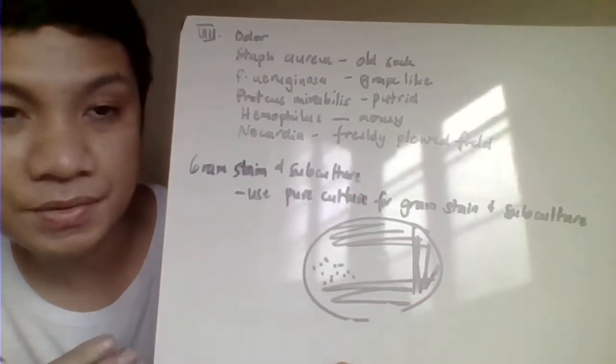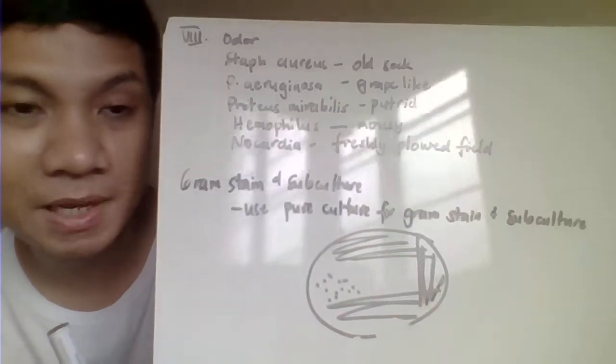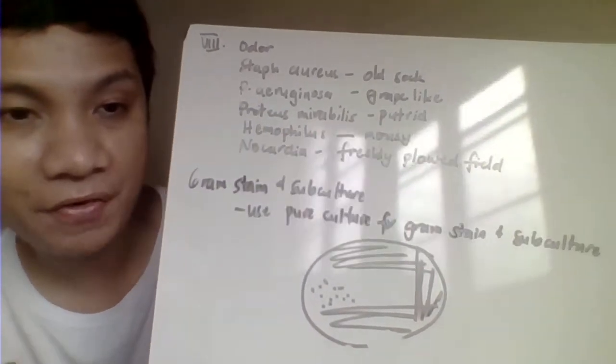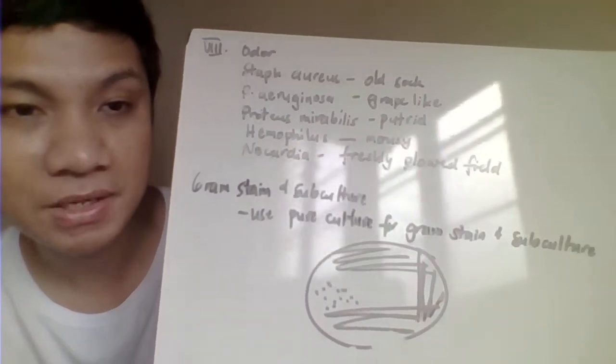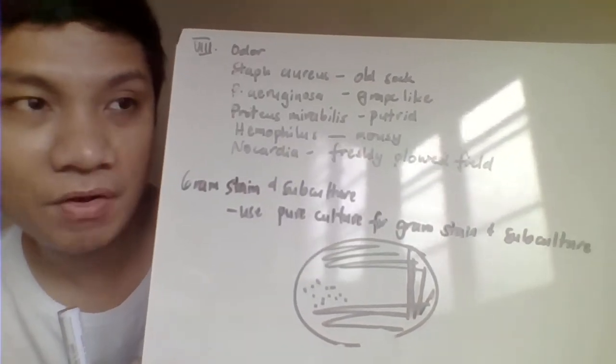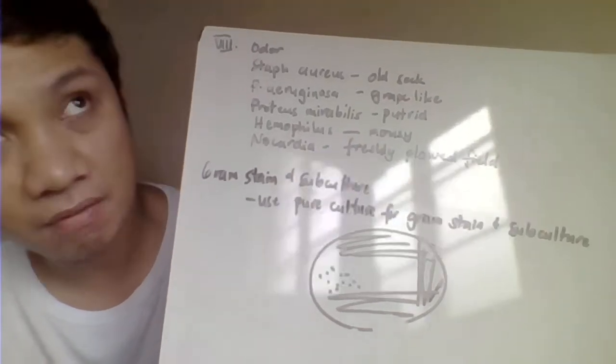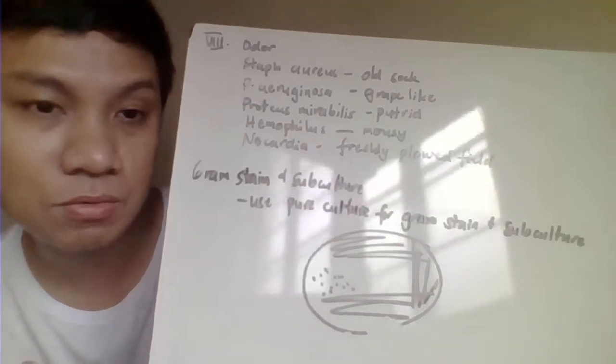Okay, then we have here the gram stain subculture. So, when you're picking your colony for the subculture, meaning you try to transfer it to another culture media, that would allow you to grow your bacteria. Like if you are growing your bacteria, you need to subculture every 48 hours, 2 days.